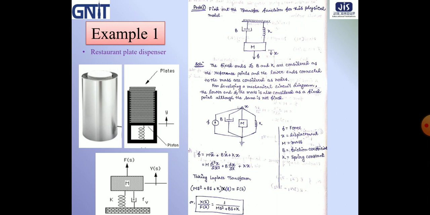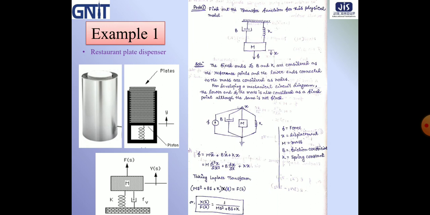In this mechanical system we apply a force small f, and the force is distributed over B, K and M. So the total force is equal to the force generated due to M, that is the mass, m x double dot, plus the force generated due to the damper, b into x dot, and the force generated by k, the spring, that is k into x.